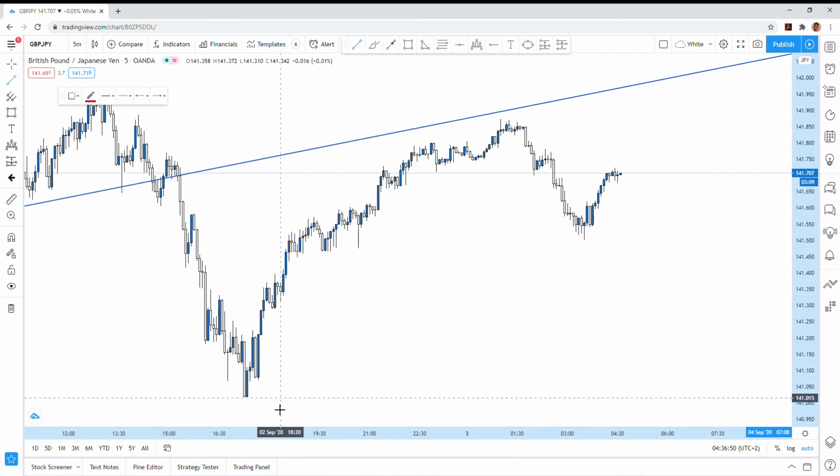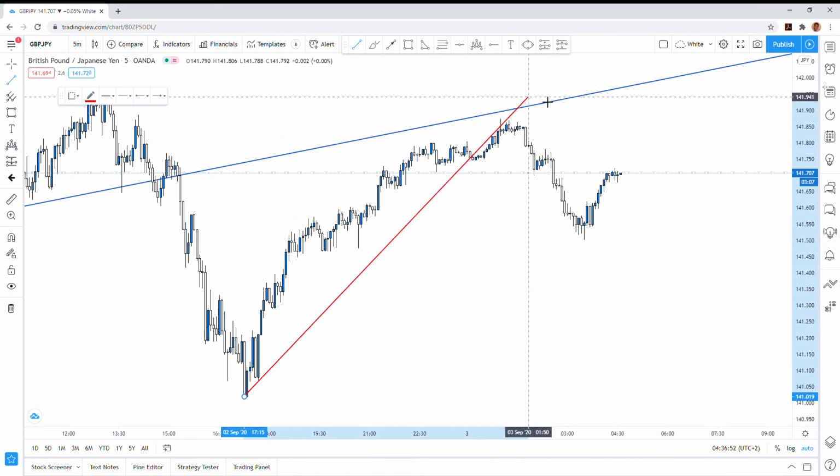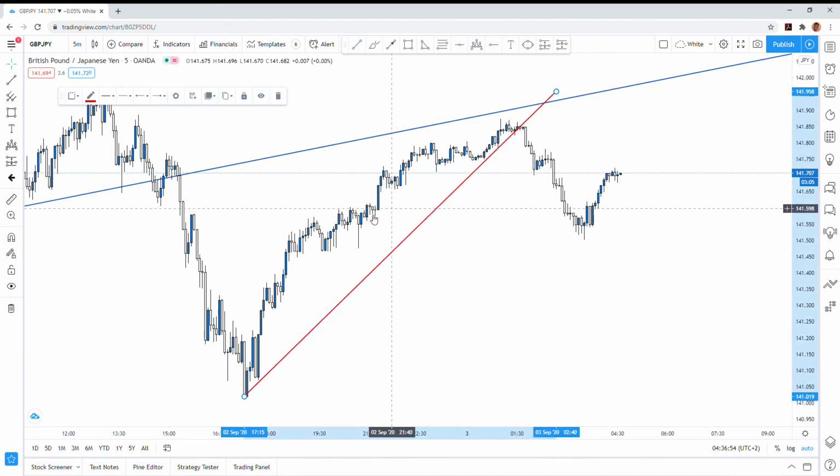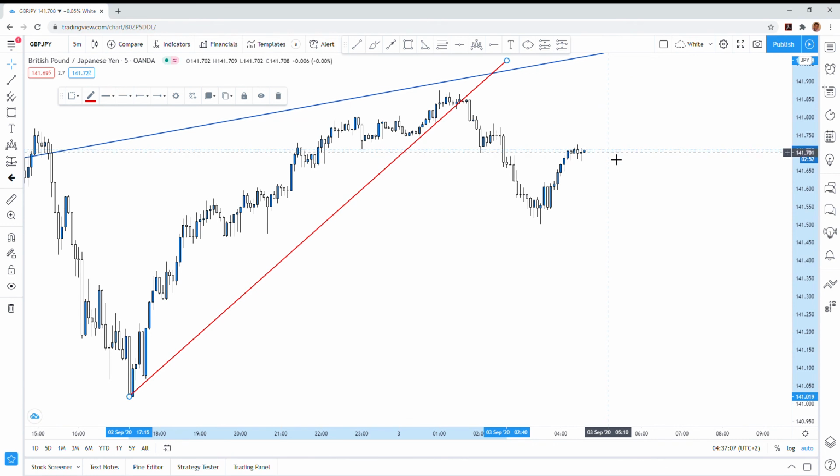And as you can see, there is a momentum shift because this inner trend line has been broken. Price pushed to the downside, and now price is doing a pullback, and we are just waiting for the markets to show us that the pullback has finished.